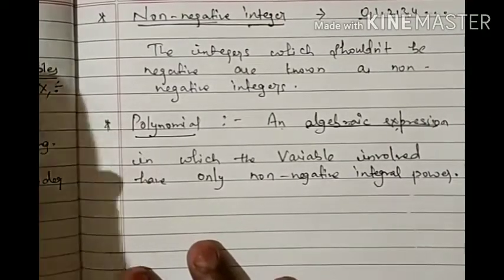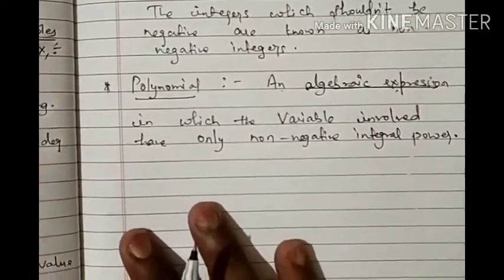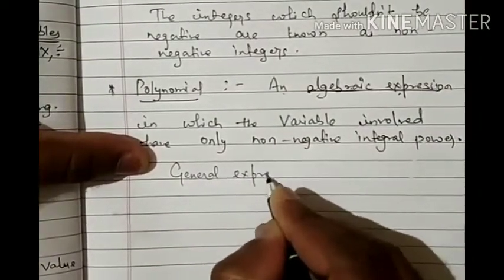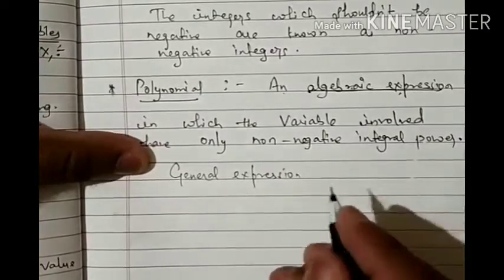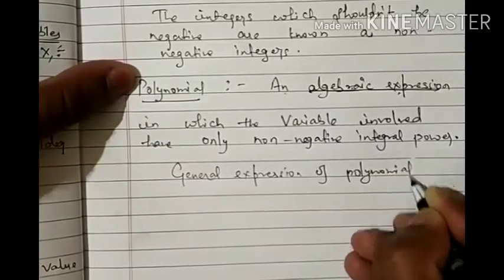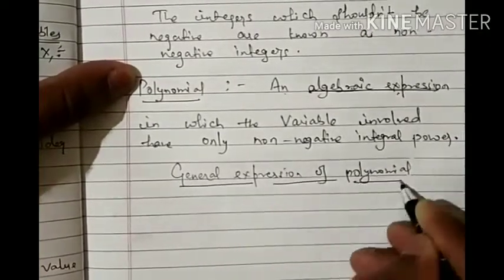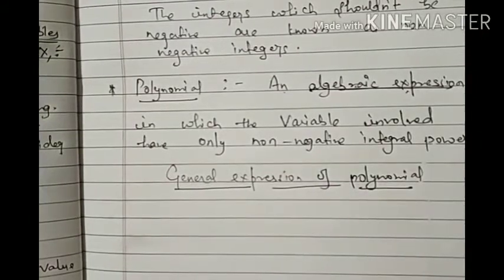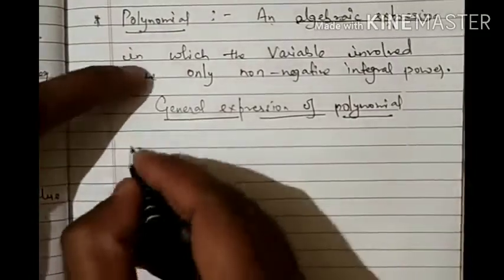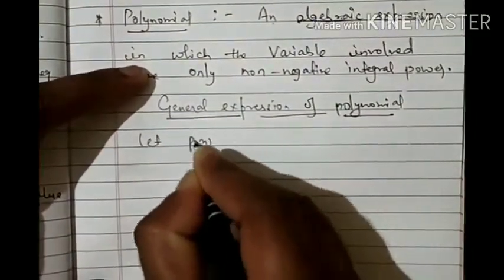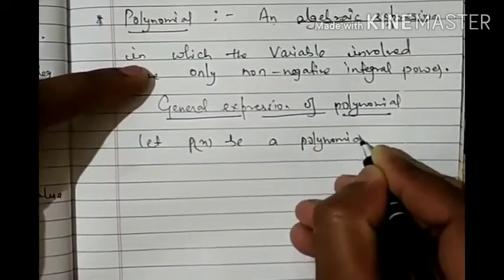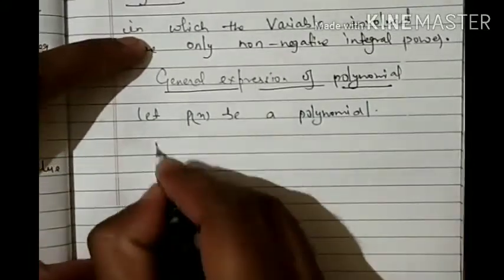Now let's make it more clear by understanding general expression of polynomial. How can we recognize any polynomial? By using general expression of polynomial. Let Px be a polynomial, then what is the general expression for a polynomial?